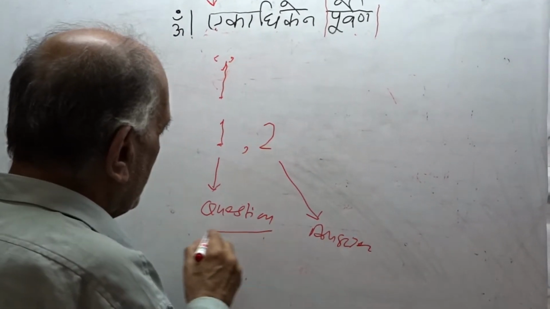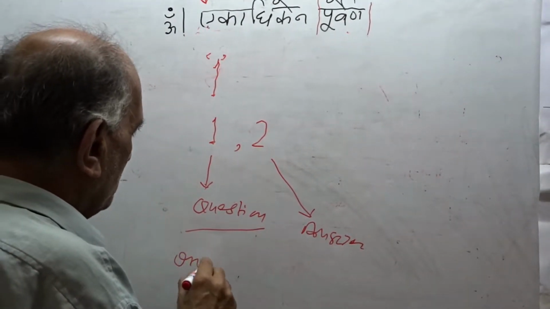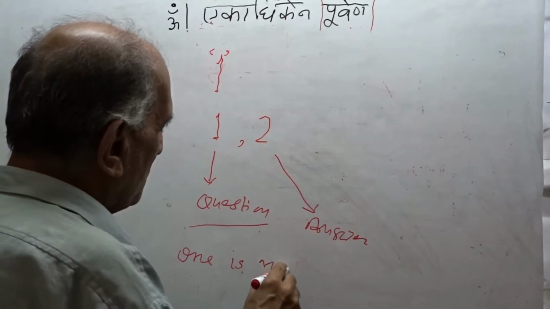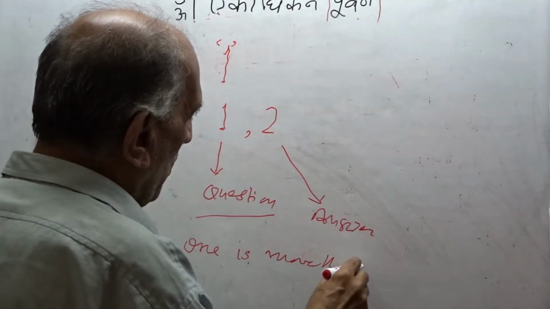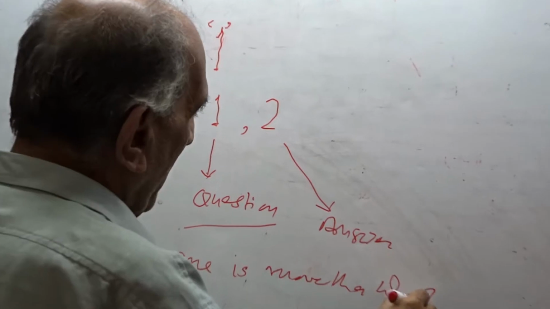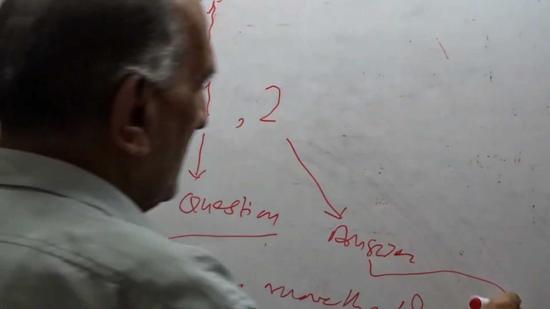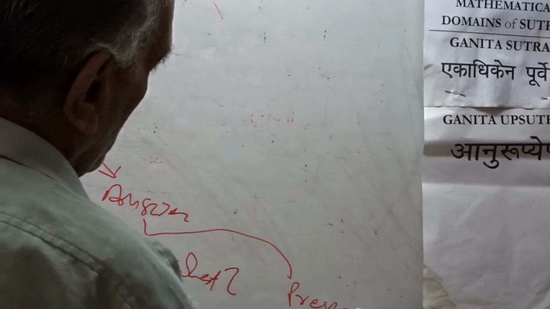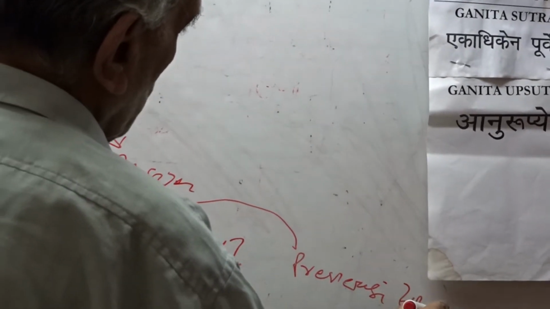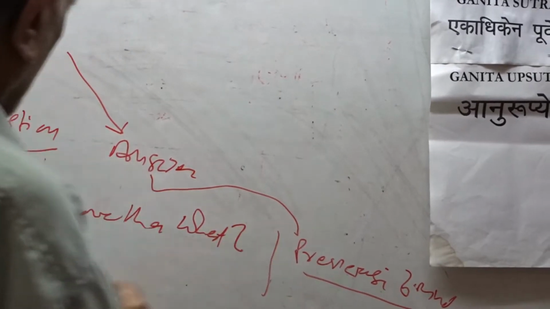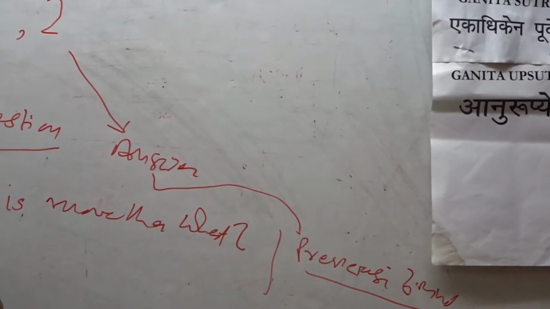The question is, one is more than what? And the answer is previous bound. What is the previous bound of a 1? It is 0.